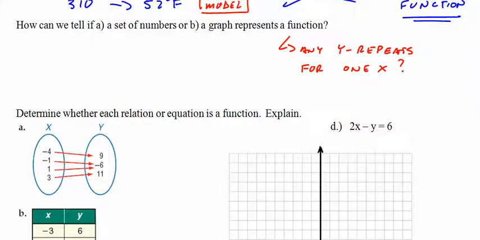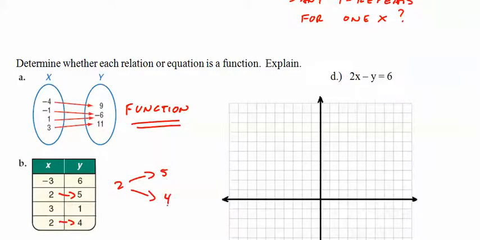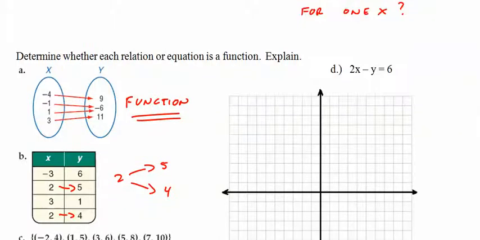Kind of nice. So we have -4 maps to 9, -1 to -6, 1 to -6, 3 to 11. This is a function. -3, 2, 3, 2, 2 maps to 5, or 2 maps to 4. So that's the problem when we have that going on. This is not a function.